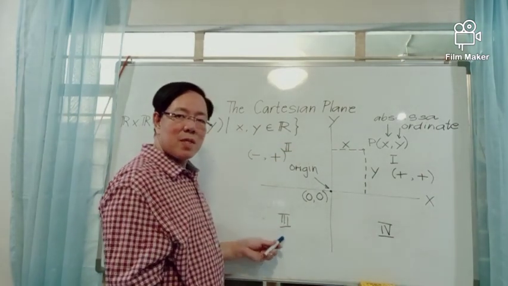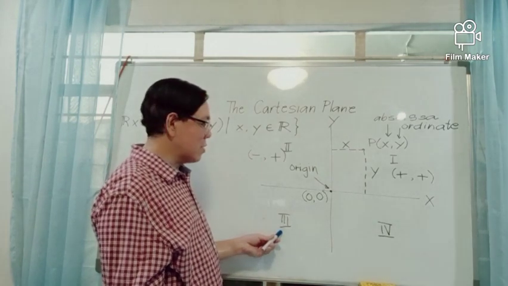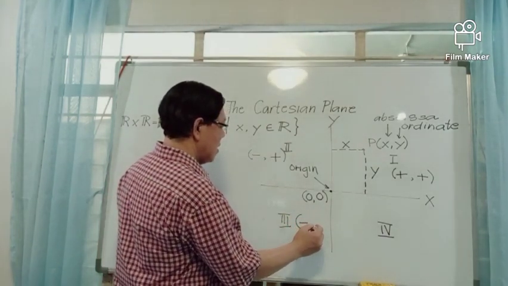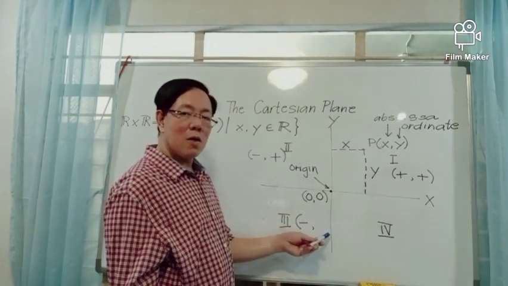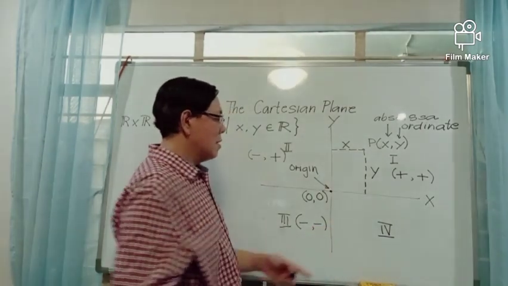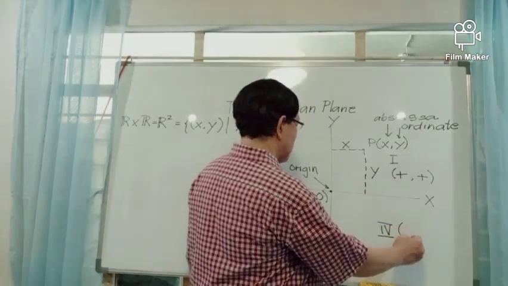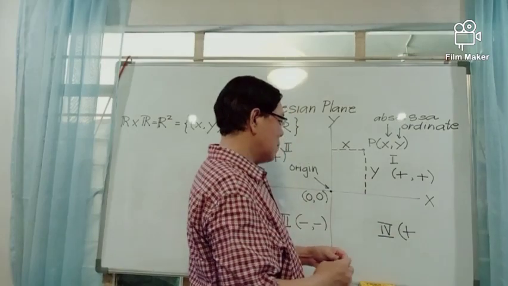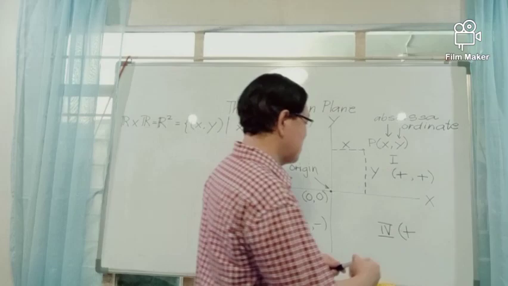If you take any point in the third quadrant, the abscissa of a point in the third quadrant is negative, and the ordinate of a point in the third quadrant is also negative. In the last quadrant, the abscissa of a point in the last quadrant is positive, while the ordinate of a point in the fourth quadrant is negative.